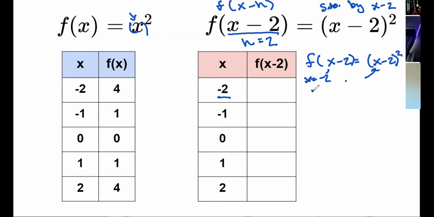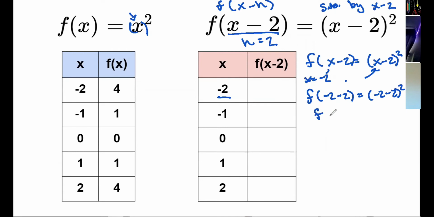So let me see. I'm trying to write as legibly as I can. f of -2 minus 2. Sorry, I got a little carried away. So -2 minus 2 squared. All right, so all I did is substitute that x value of -2.